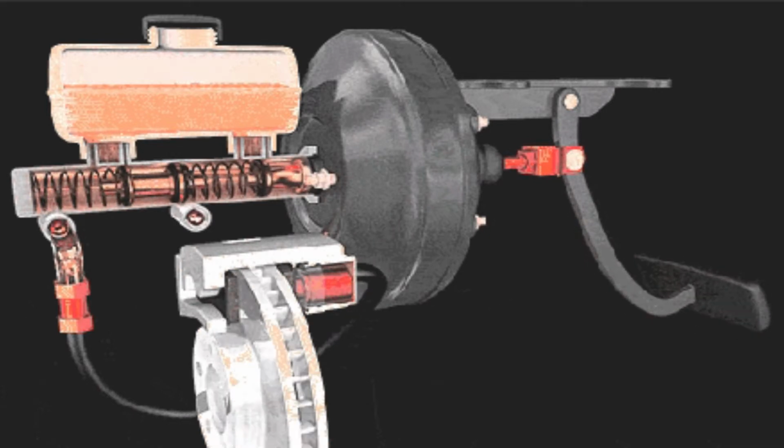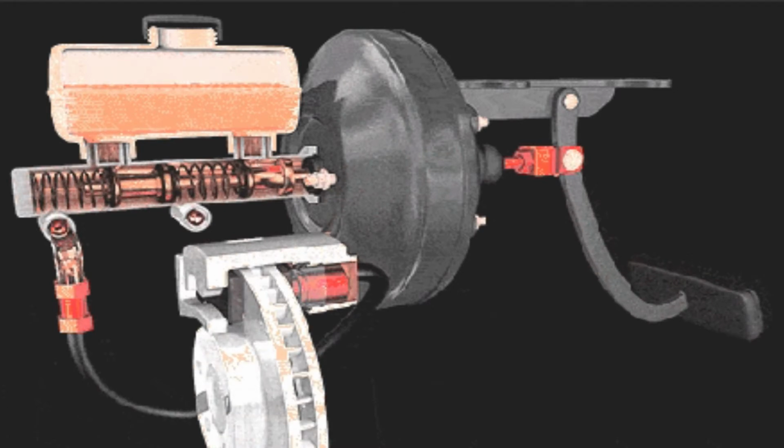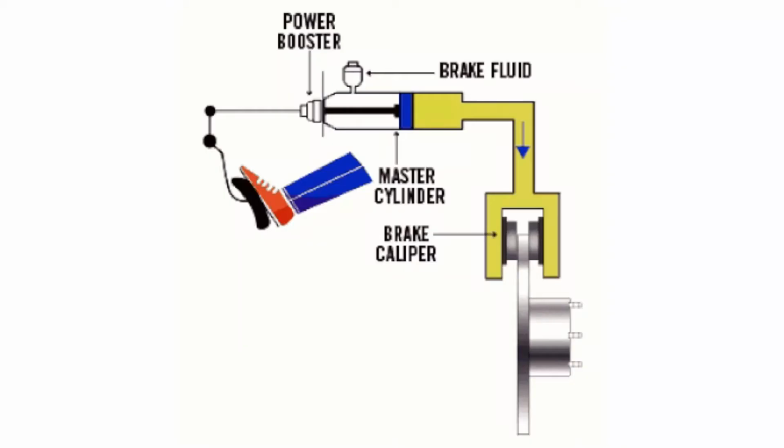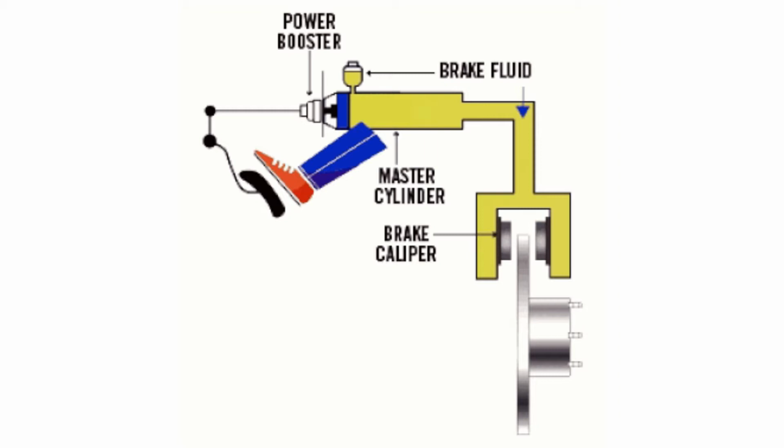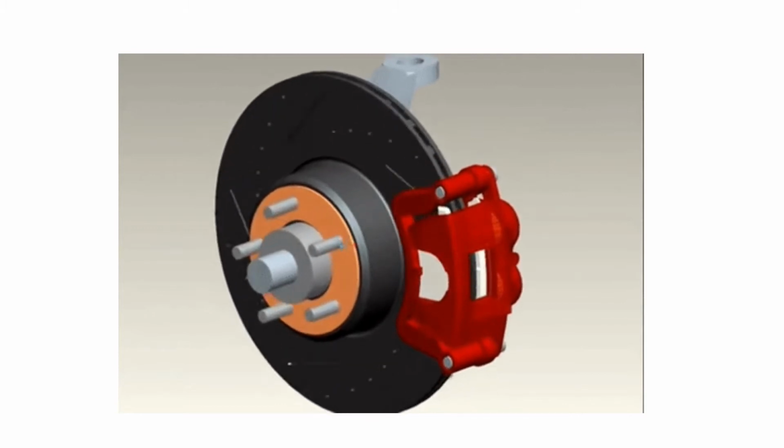The friction pad rubs against the rotating disc connected to the wheels of the vehicle, and thus braking takes place. As the pedal is released, the friction pad returns to its original position as the pressure of the hydraulic fluid reduces. So at that time the brake is released and it is disengaged from the rotor.